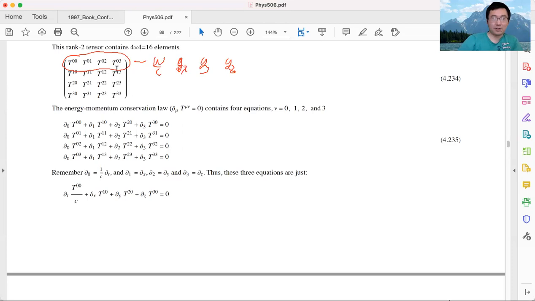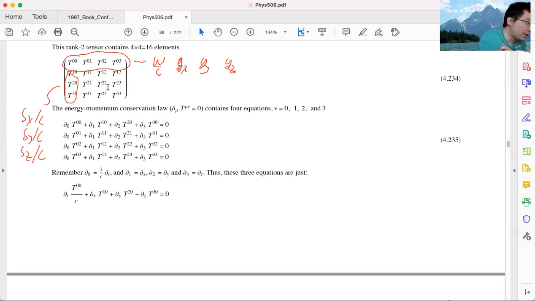Okay, so in this 4x4 matrix, this energy momentum tensor, the first row is energy density and momentum density, and the rest, the 3 rows, are the currents. These 3 are the energy currents: Sx, Sy, Sz. Actually, more precisely, divided by speed of light.